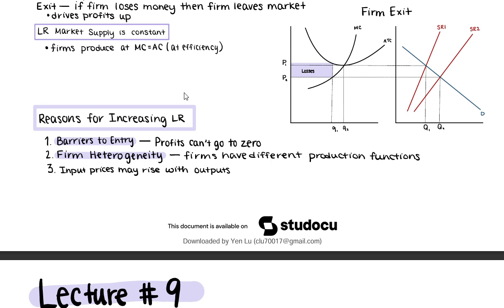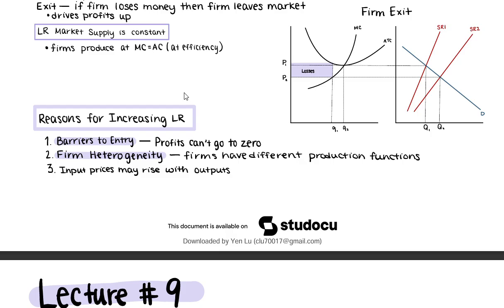First, in reality it's not exactly free entry; it costs something to enter. So we have barriers to entry. So the profit can't go to zero because it's not free entry. In our model, it is.